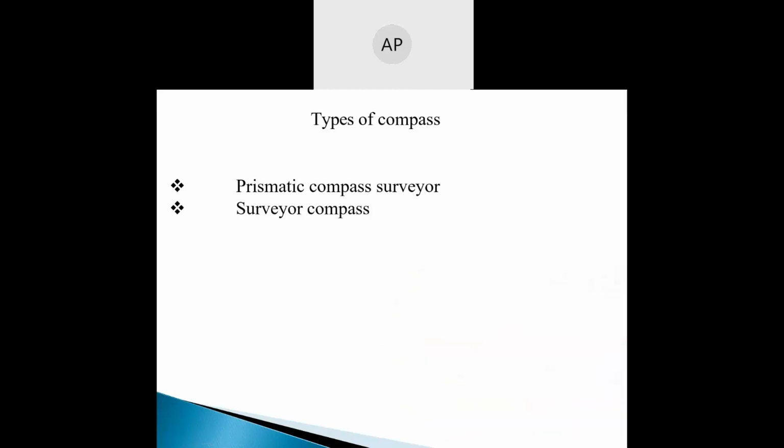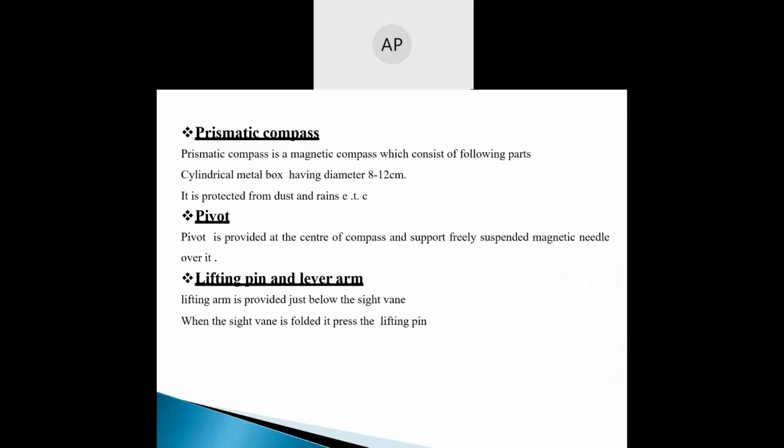There are two types of compass: prismatic compass and surveyor compass. The prismatic compass consists of a magnetic needle fitted in a metal box having a diameter of 8 to 12 centimeters.